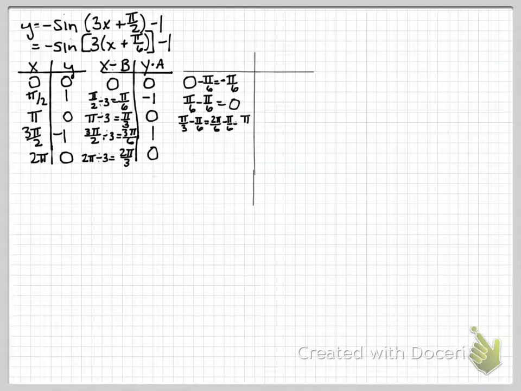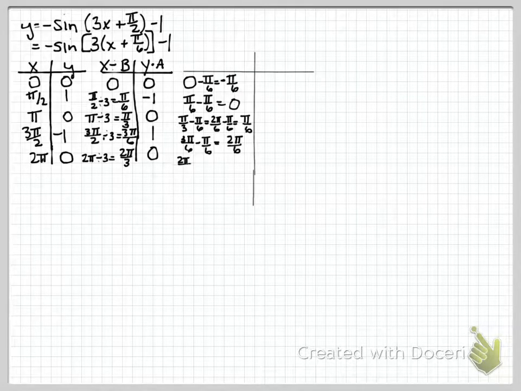And that's just pi over 6. 3 pi over 6 minus a pi over 6 becomes 2 pi over 6. And again, you don't need to reduce, because as you look at our x values, we're going -1 over 6, 0, 1 over 6, 2 over 6. It's going up by pi over 6 again. That's going to make things easier.